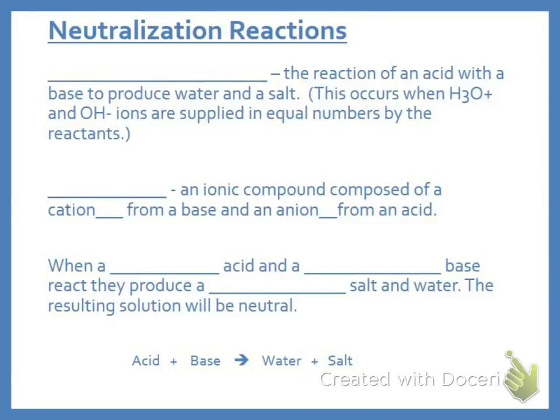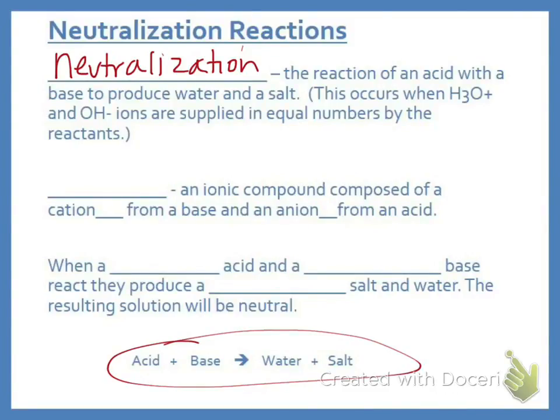Neutralization reactions is the last thing that we're going to talk about for these notes in titration. So this is neutralization, and basically when we react an acid plus a base, we get a water plus a salt, and that's this down here. Salts, of course, are not just NaCl.